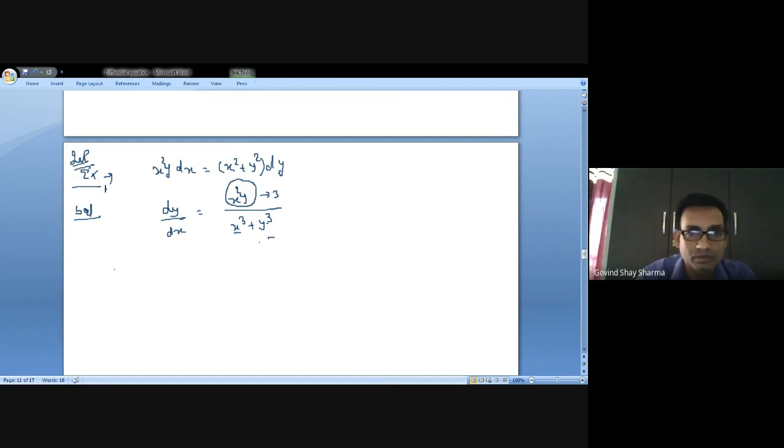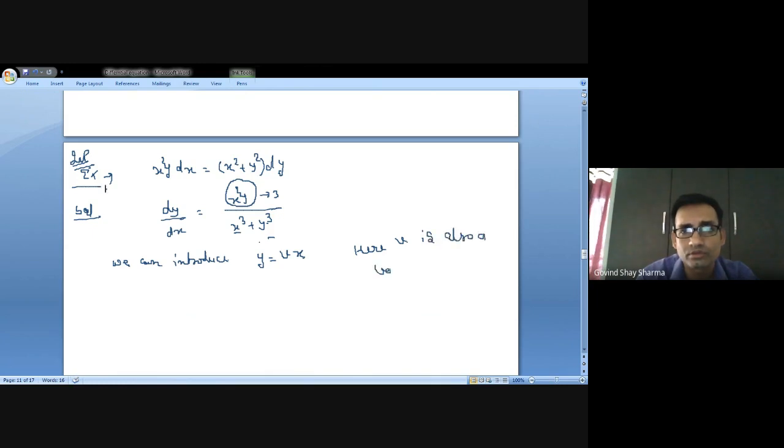So we can introduce y is equal to vx, where v is also a variable. v is also a function of y and x.